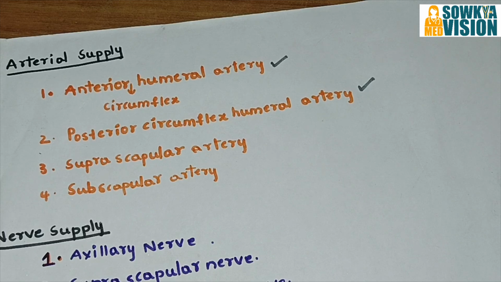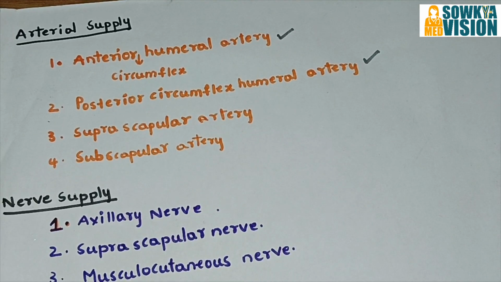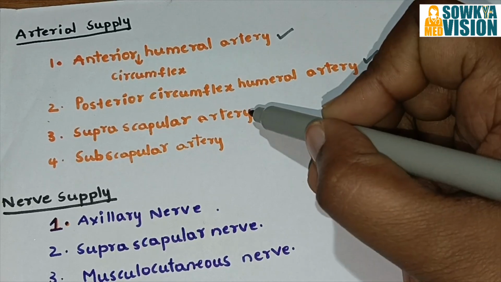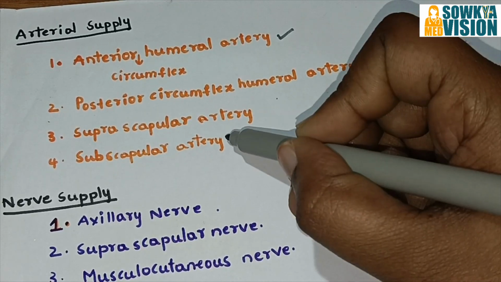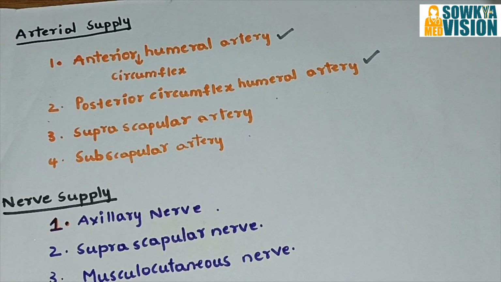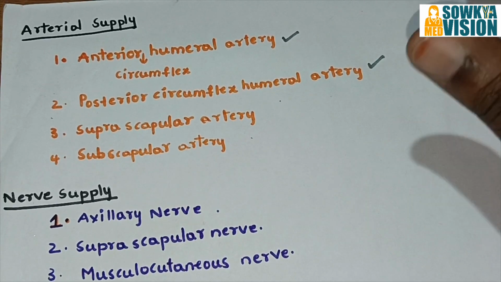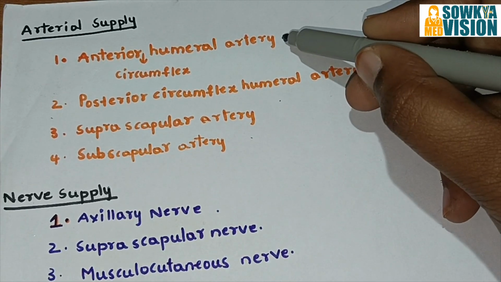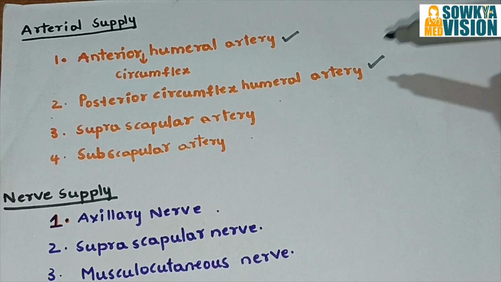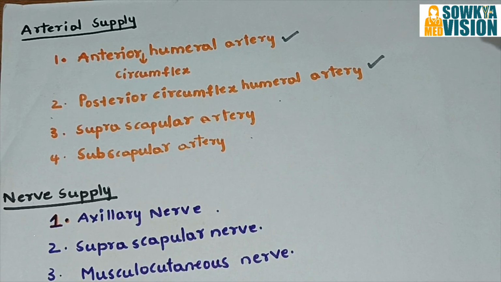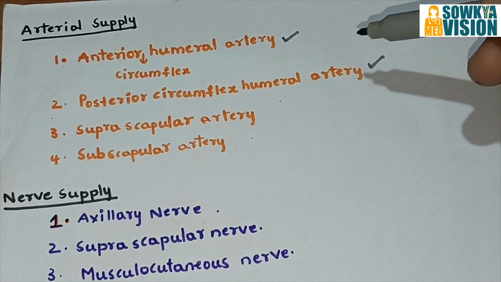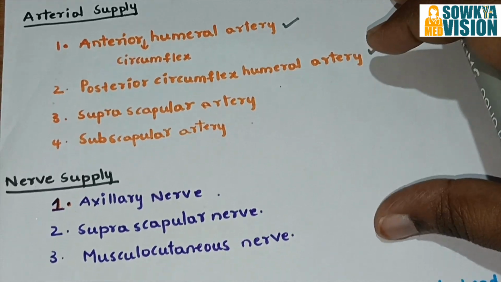Apart from these two, there are two more arteries, the suprascapular artery and the subscapular artery. All these together supply the shoulder joint. You have to remember mainly the anterior and posterior circumflex humeral arteries, and you must write these two arteries in the exam paper.